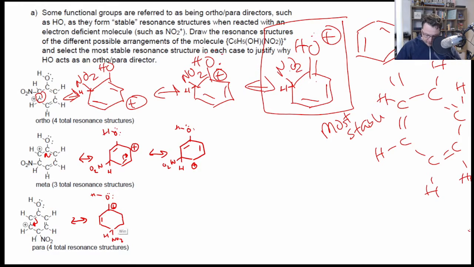Now, there's still the double bond right here that we started off with. So now the positive charge can move into two places. One way is you can have the double bond move to right here, and then what you form is this resonance structure where the positive charge is now on the other side of the NO2 group.